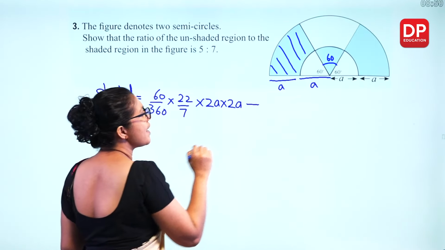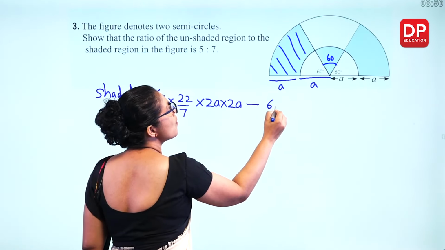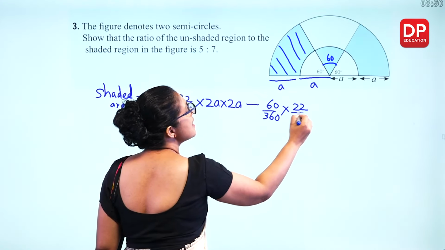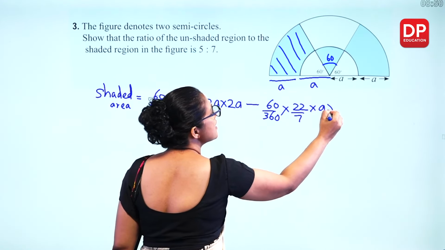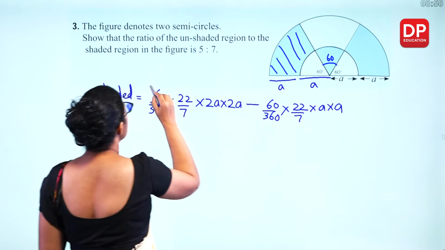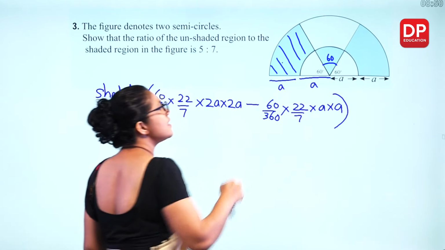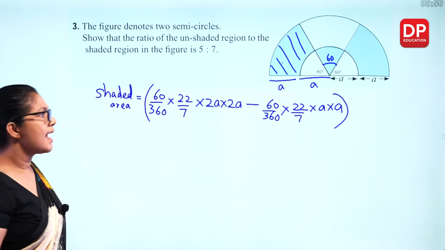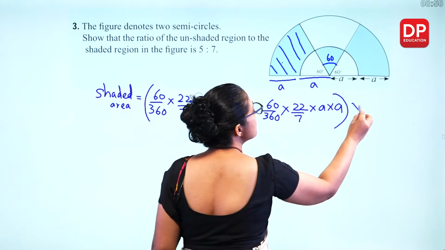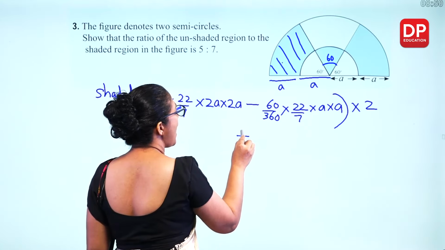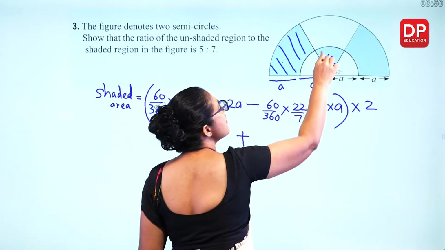What's the smaller area? 60/360 into radius A times A. When you do that, that's this part. So you get two parts like that, so you multiply this by 2.